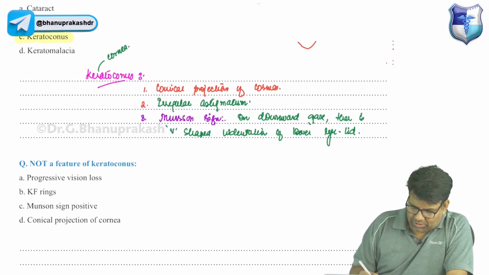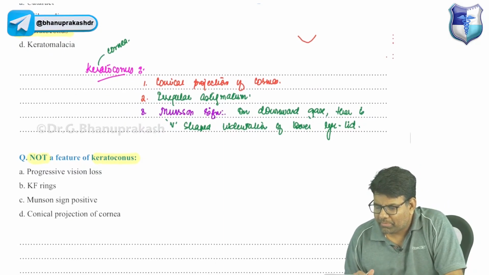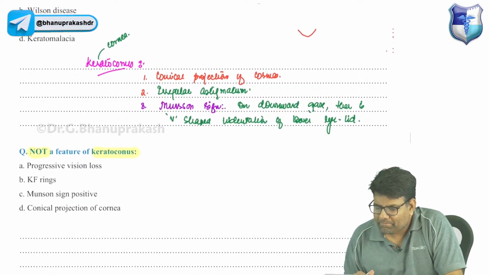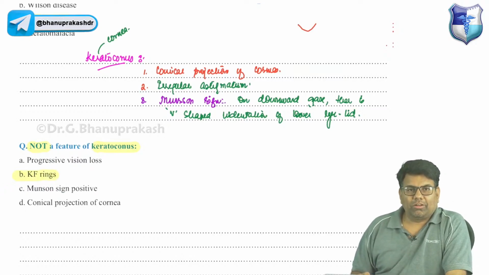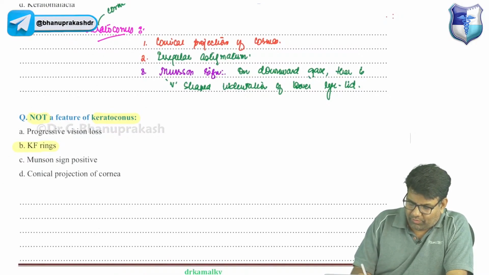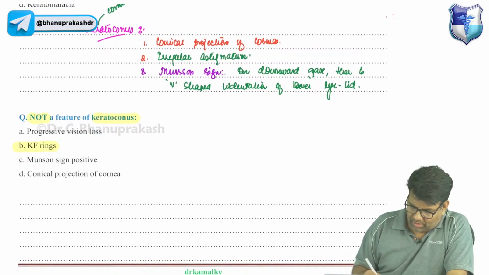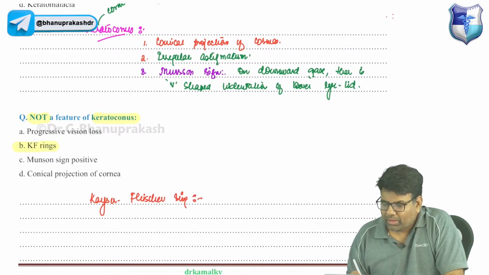So if I ask you which is not a feature of keratoconus, your answer would be Kayser-Fleischer rings. Whenever you find this particular word, your answer has to be where we find KF rings.